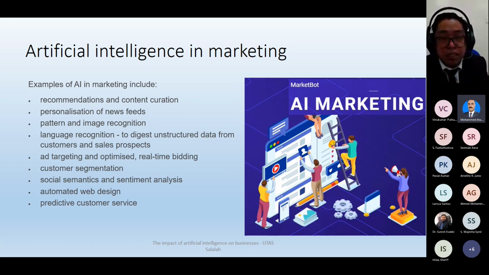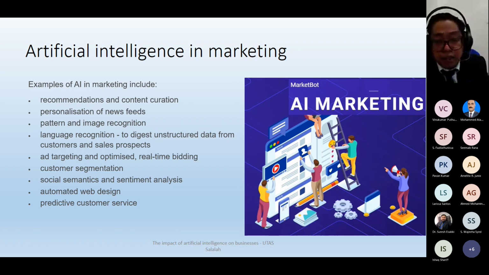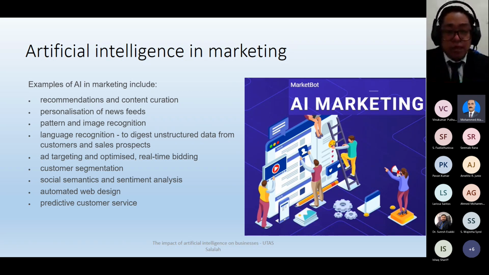Personalization of news feeds, pattern and image recognition are also part of marketing. Language recognition, where you can digest unstructured data from customers and sales prospects. Ad targeting and optimized real-time bidding. Customer segmentation, social semantics and sentiment analysis, automated web design, and predictive customer service.